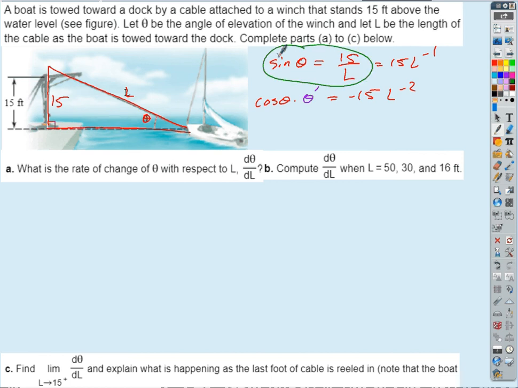And everybody see what I could do is I could solve for theta there by taking the arc sine of both sides. Okay? All right, so I would just get theta equals arc sine of 15 over L. And then I could just differentiate directly because I now know the formula for derivative of arc sine. Either way. Okay? All right.